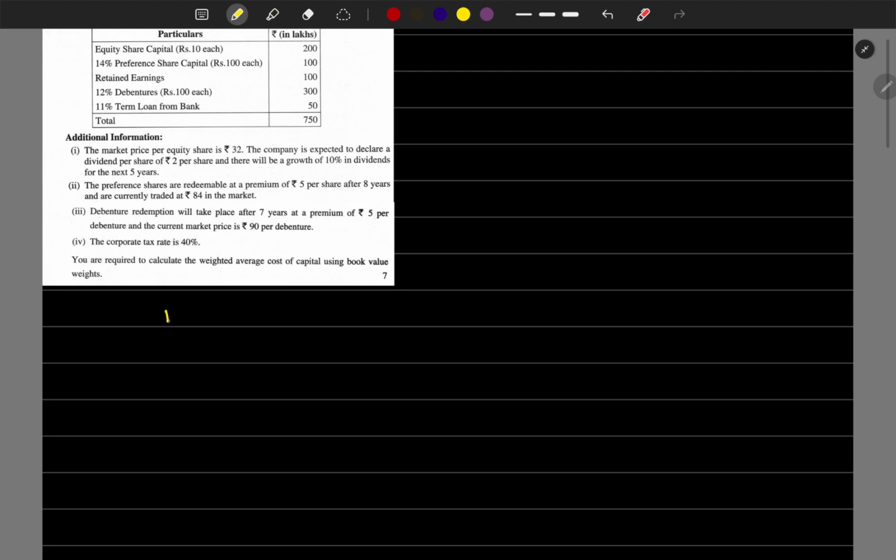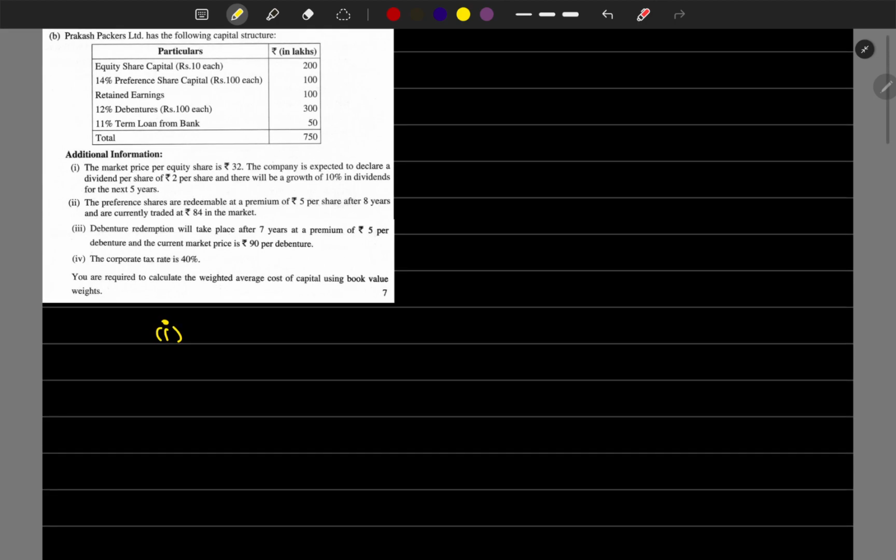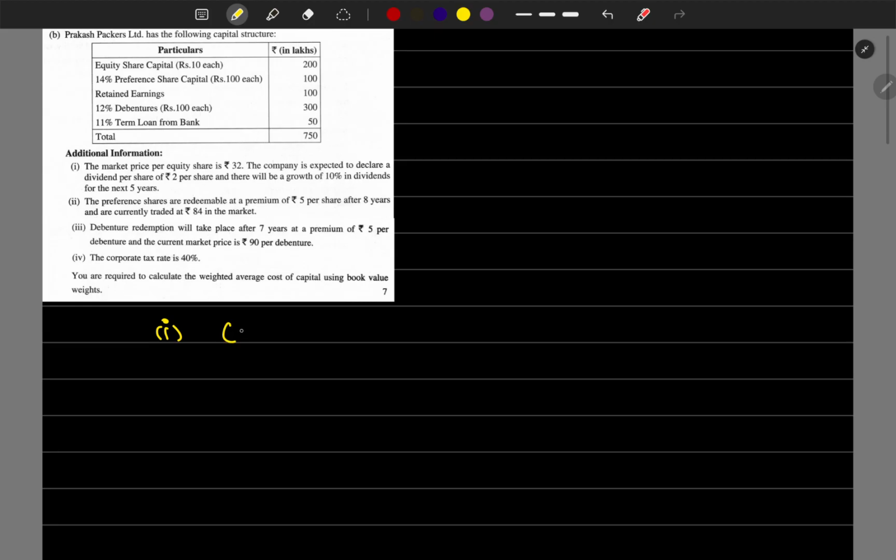The first thing we have is KE. What's the formula for KE? Dividend pricing model, Gordon approach: D1 divided by net proceeds plus growth rate.